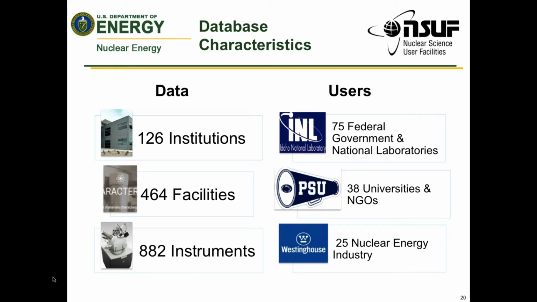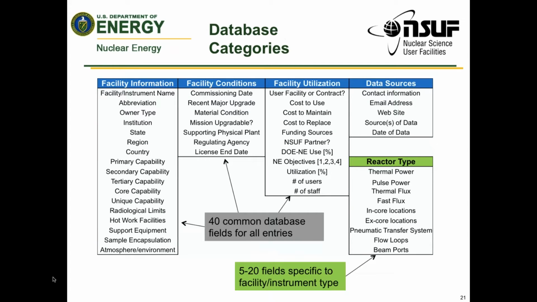So we break it down in the database to a number of categories, and some of them are common categories, as we said: institution, facility, instrument in particular. And you can go onto the database and look at these. I'm not going to go through all of them, but they're general common database information that you would have for anything.